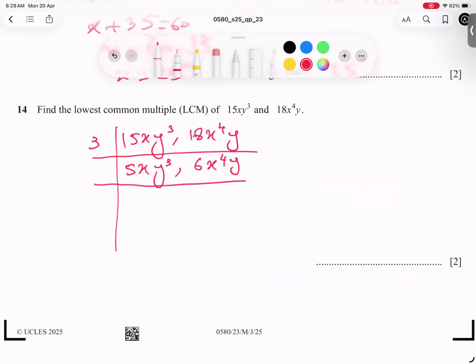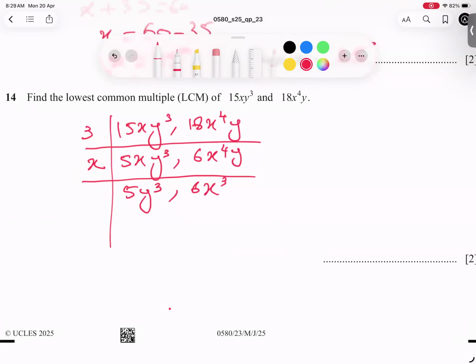Can we divide anything common further? Yes, take the single x and the 4 x's. So 1 x is gone, and here this x eliminates. Out of 4, 1 x gone, 3 left. So 6x to the power 3 y. Now y: here a single y, here 3 y's. So 1 y is common. If I take out 1 y, here I get 5y squared, here 3x cubed. I believe the point is very clear.